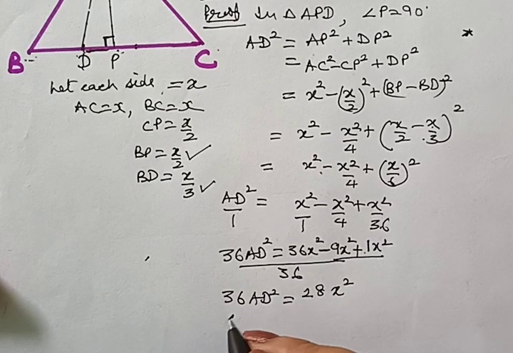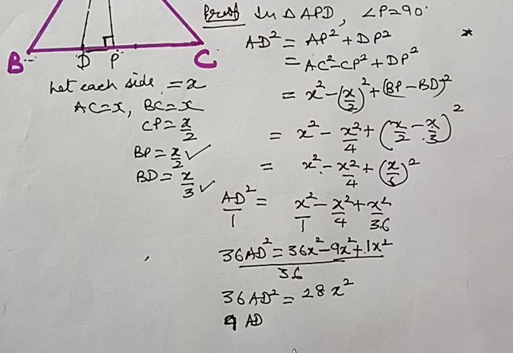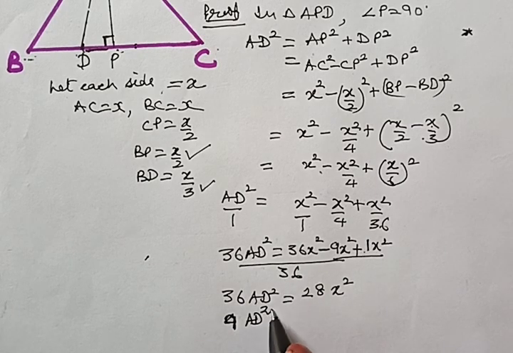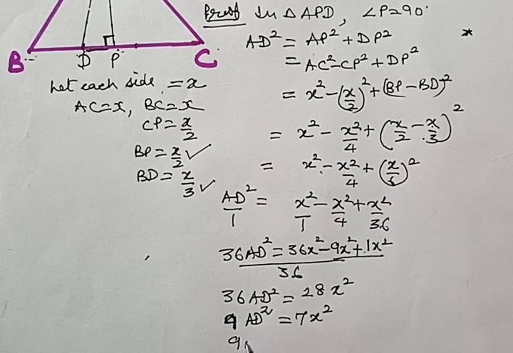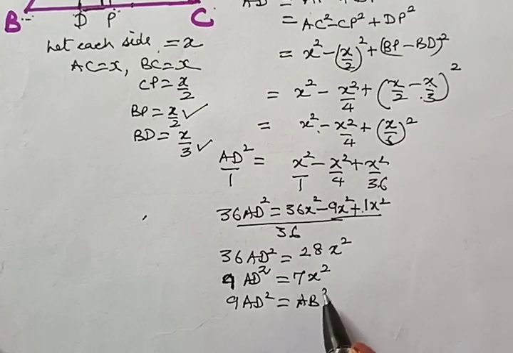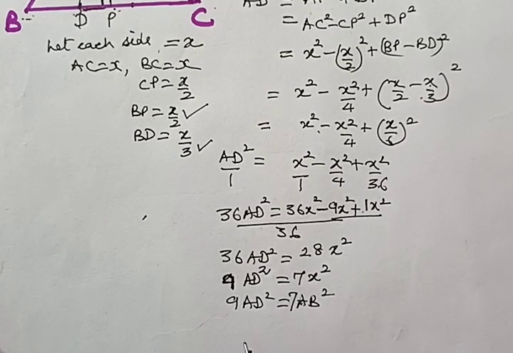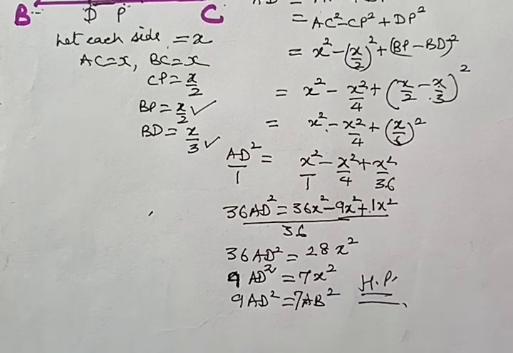Cancelling out by 9 on both sides, I get 4 AD square. Now this is getting cancelled by 4 throughout both sides. So I get 9 AD square is equal to 7x square and x can be replaced by AB square because all the sides are equal. So I get 9 AD square is equal to 7 AB square. Hence we prove this question.